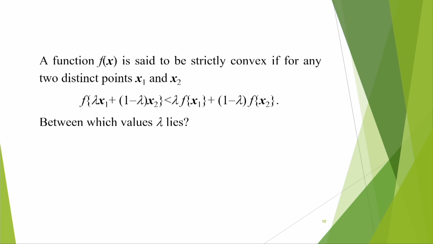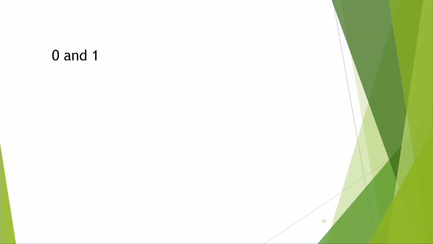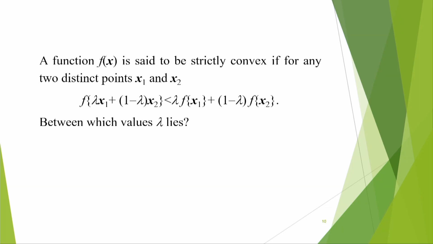We say that f(lambda x1 + (1 minus lambda) x2) is smaller than lambda f(x1) + (1 minus lambda) f(x2). The question is, between which values does lambda lie? It is just a definition oriented question. This is the definition of a convex function, but you should know what lambda is. The answer is 0 and 1. That means lambda lies between 0 and 1.